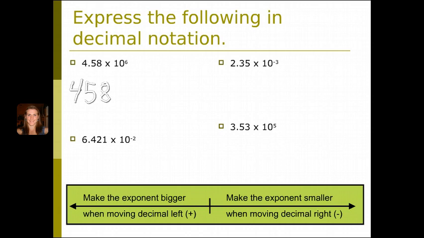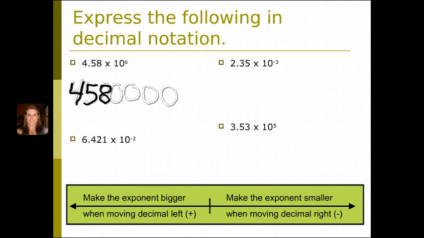just by moving it to the 8. But it needs to be 6 places. Therefore, I need to add more zeros, and I'm going to add 4 zeros to this number so that it would be 4 decimal places. So our number is 4, 5, 8.